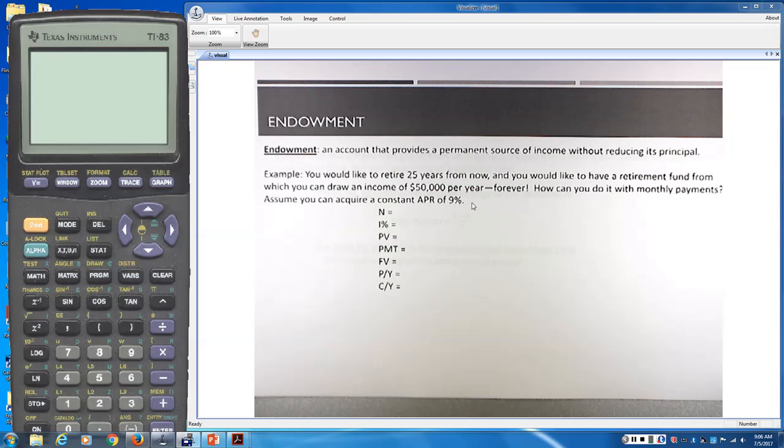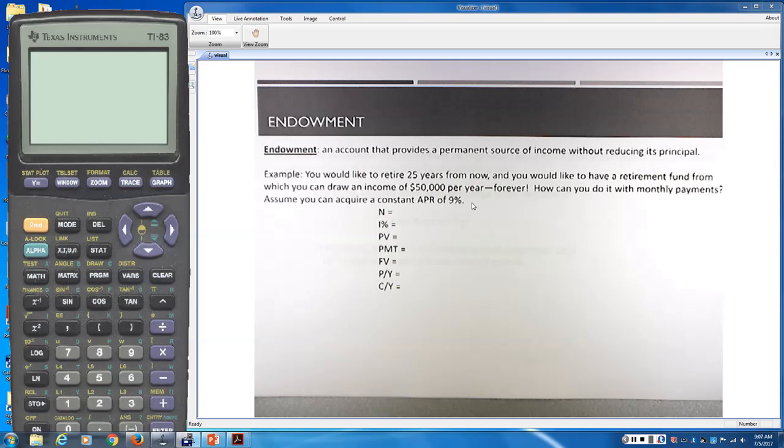Now our example says, suppose you'd like to retire in 25 years. So, this is where people have actually got a little older and they learn that you don't spend all your money up front. And you want to have a retirement fund from which you can draw an income of $50,000 a year. His $50,000 is probably not going to pay him $50,000 a year.